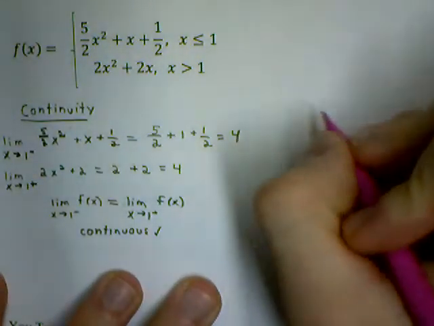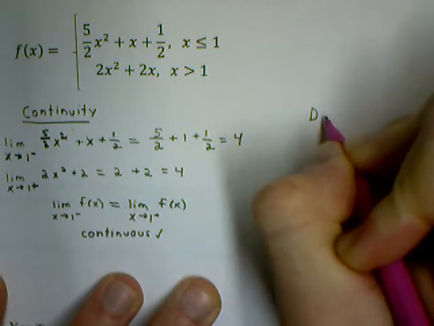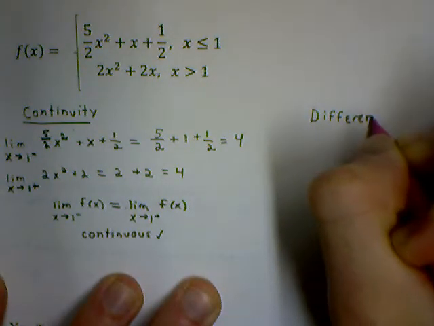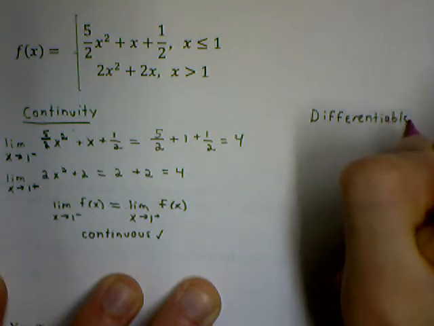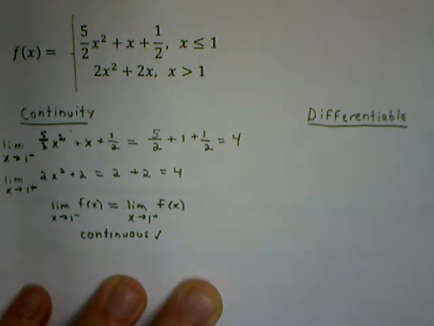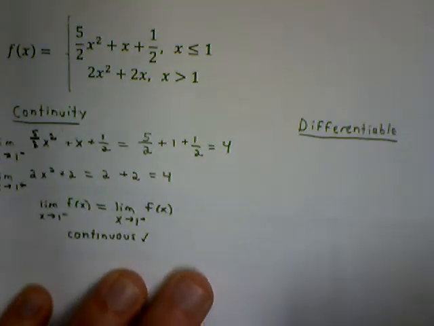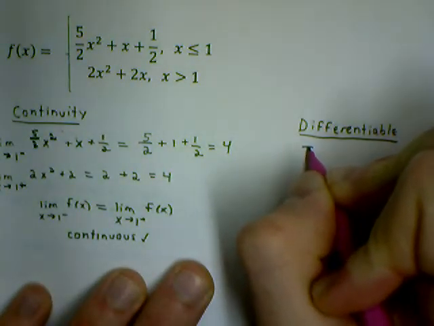Second, for a function to be differentiable, you have to check the left-hand and right-hand derivatives. So before I start there, first thing I have to do is take the derivative.